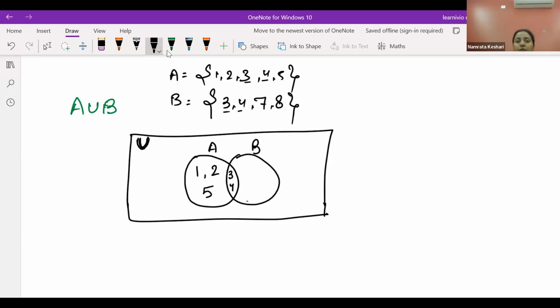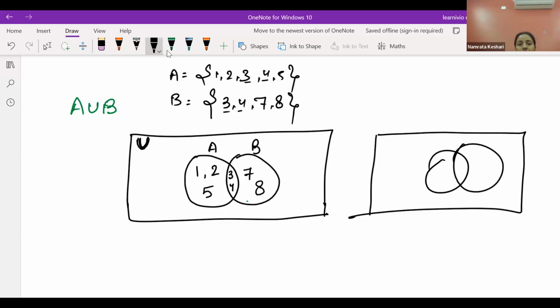Then 3, 4, 7, 8: 3 and 4 we write like this, and 7, 8 like this. Similarly, for intersection, we will only write the common elements, the common part of these two sets.